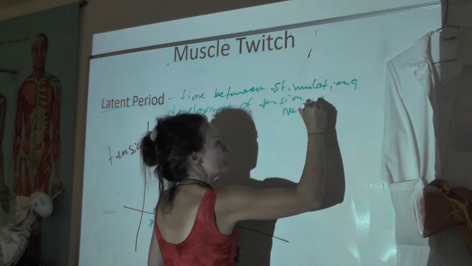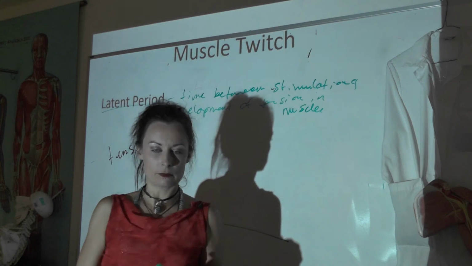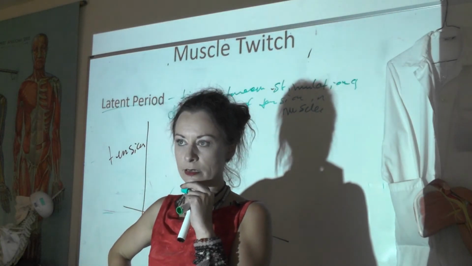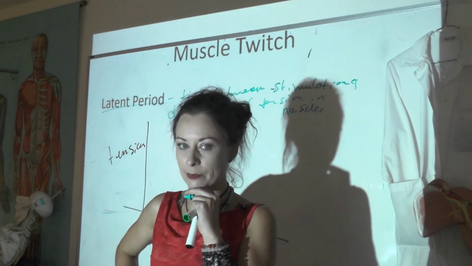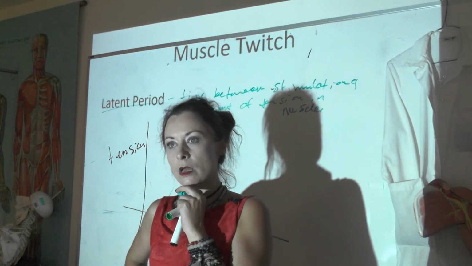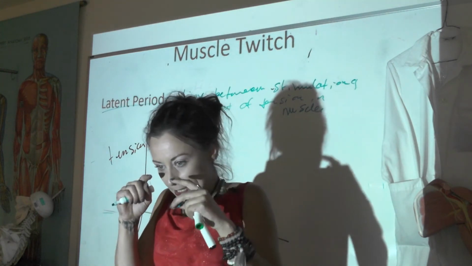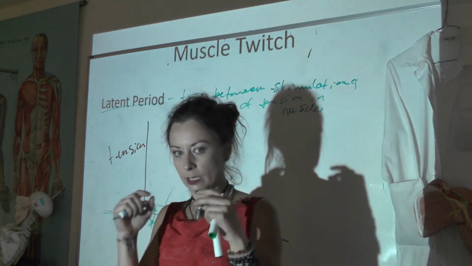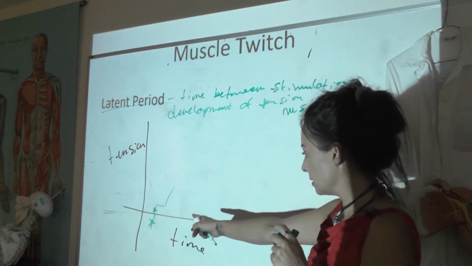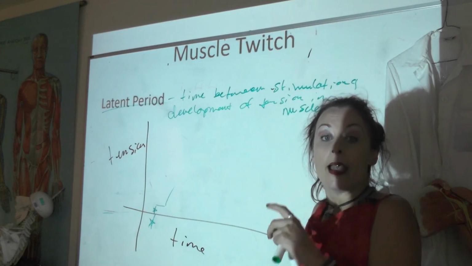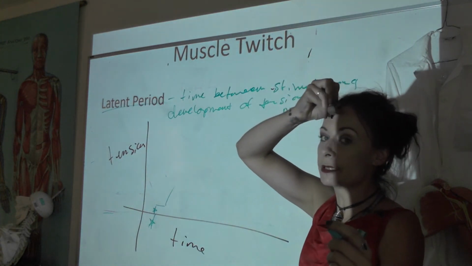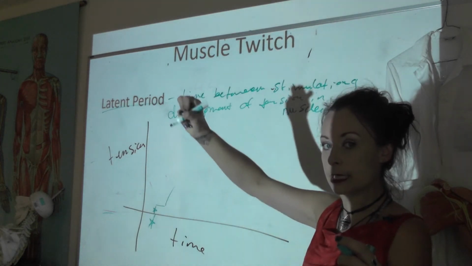Now, what might be happening physiologically? There are three important events in the contraction of a muscle fiber. What we're doing now is contracting a bunch of muscle fibers in a muscle. If what's happening at the micro level is happening at the macro level, then what event might be occurring while I see no tension? Excitation-contraction coupling, right? My action potential is traveling down my sarcolemma and T-tubules.